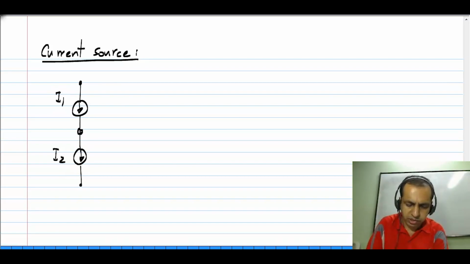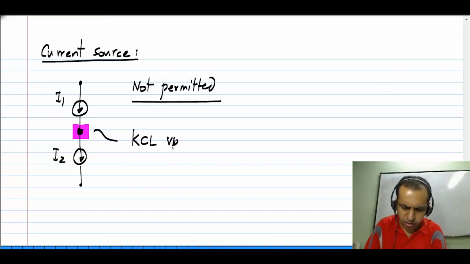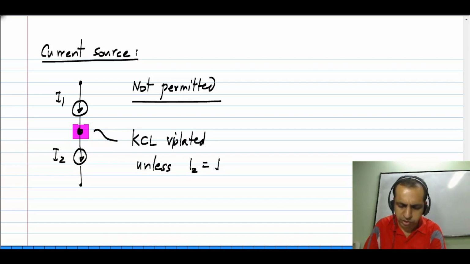We'll immediately notice that this connection is not permitted because Kirchhoff's current law is violated at this node, unless I2 happens to be exactly equal to I1.